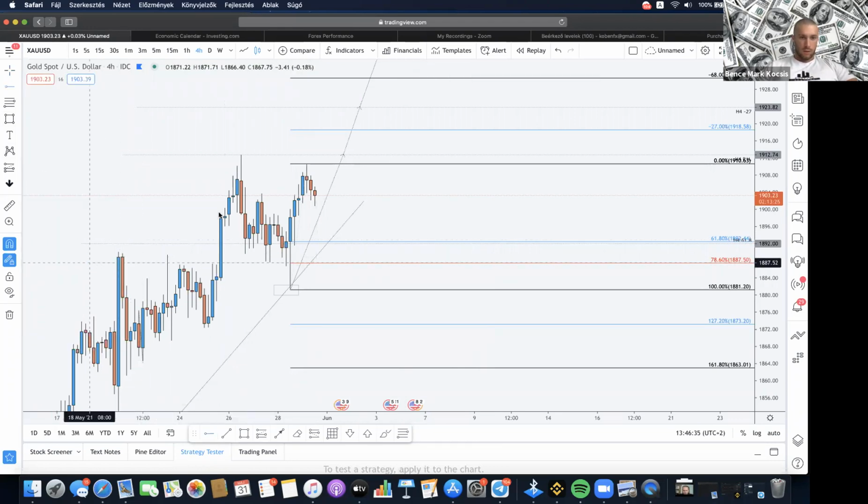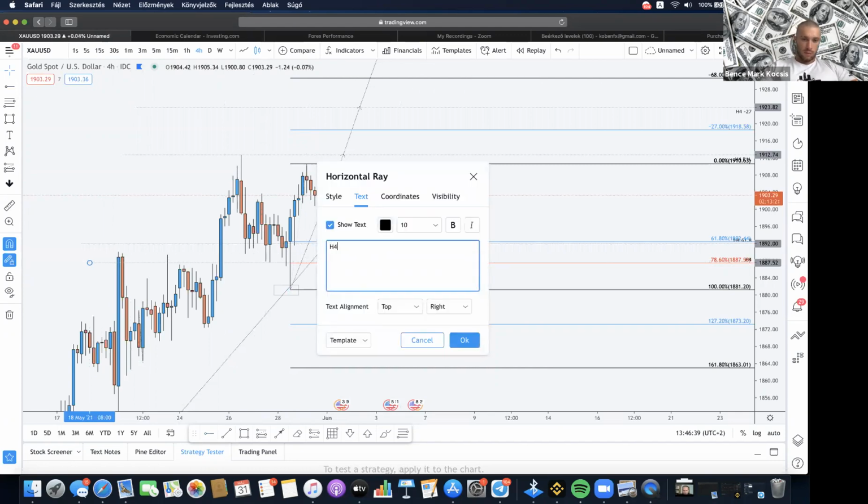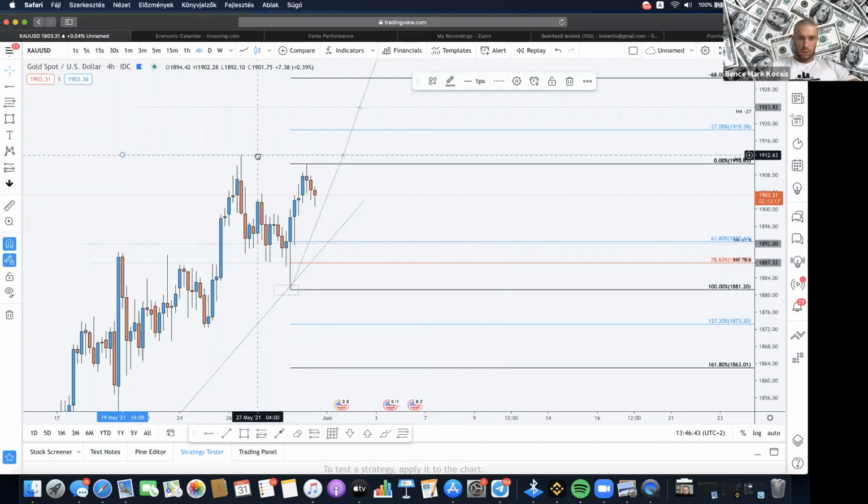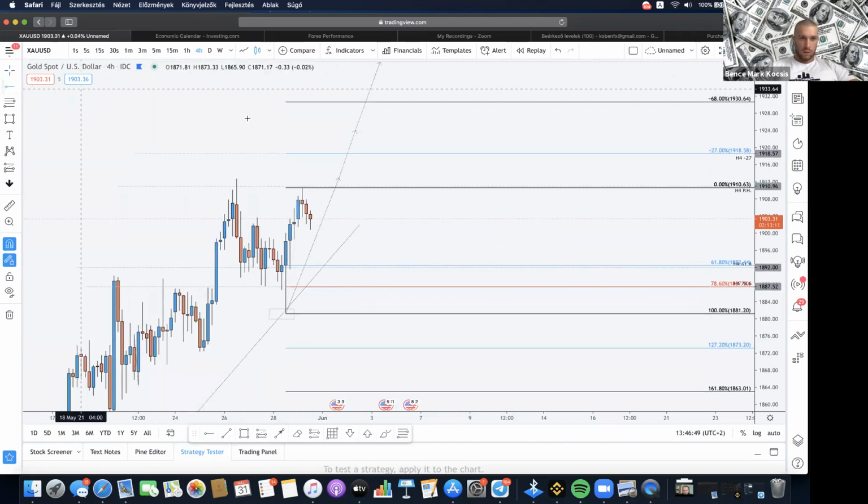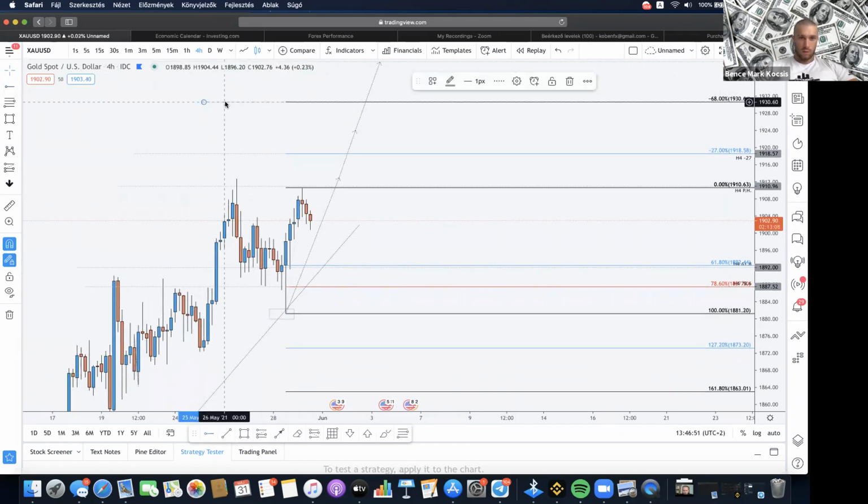That's the H4 78.60. And we can use the previous high, minus 27 and minus 68 for long-term targets.